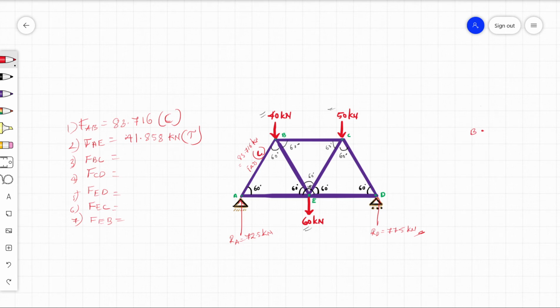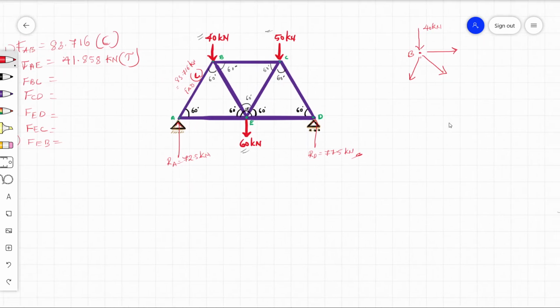You can see one external force, that is 40 kilonewton. And what is the one more force you see? One is this side, and one is over here and one is over here. This is for joint B.